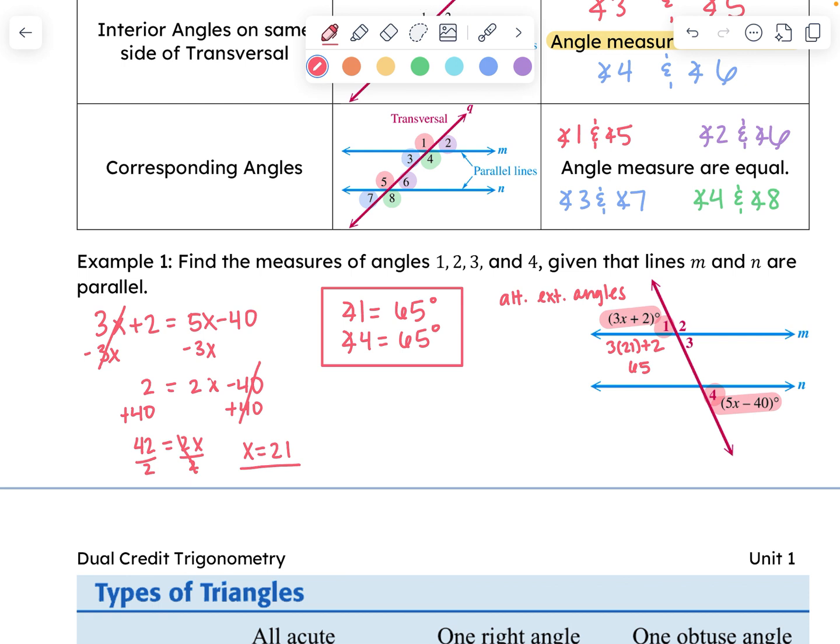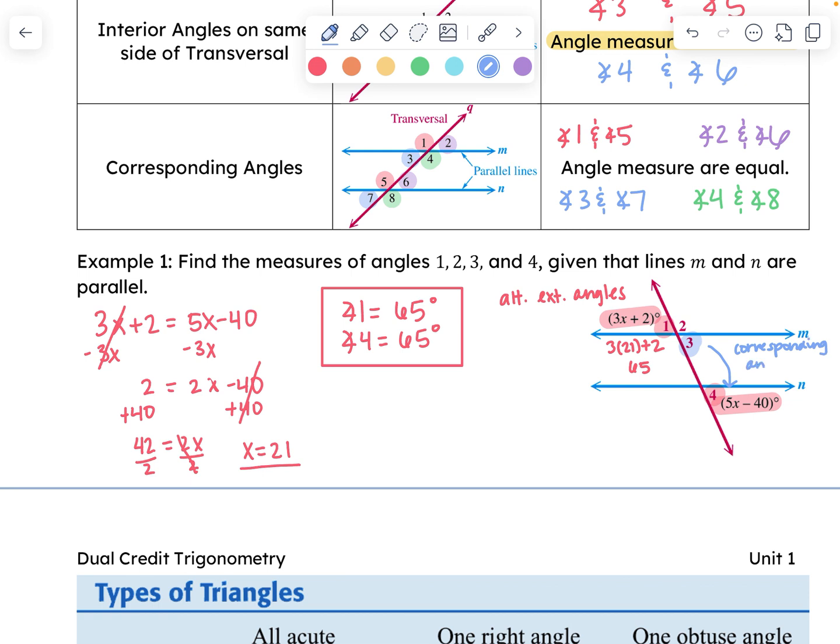From here, there's a couple different ways that I could figure out what my other angles are. Trying to figure out what 2 is or trying to figure out what 3 is. Let's start with 3. If I look at 3, 3 and 4 are corresponding angles.